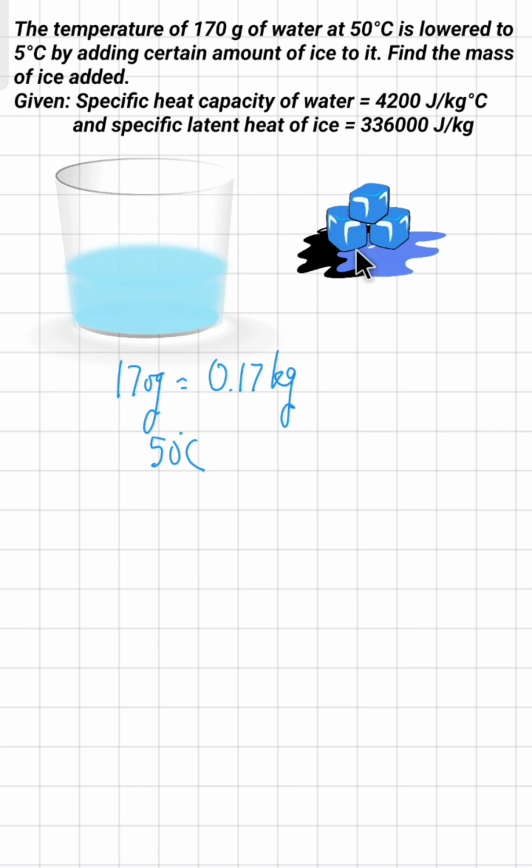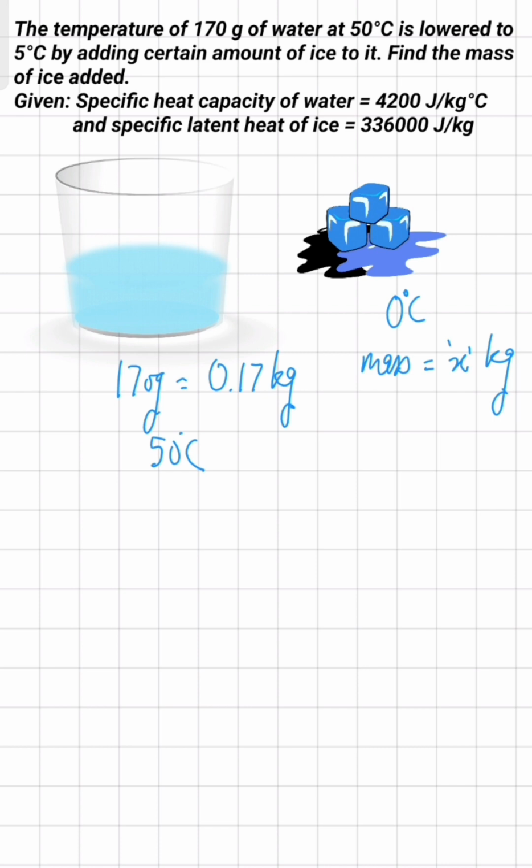If the temperature of ice is not given, we take it as 0 degrees Celsius, and the mass of ice we have to find. So we can assume that the mass is x kilogram. Let the mass be x kilogram. So when you add ice into this water, ice is going to absorb heat energy from water, and water is going to lose heat energy.